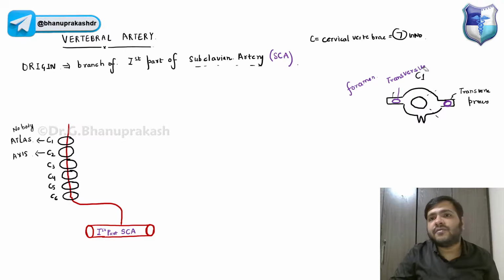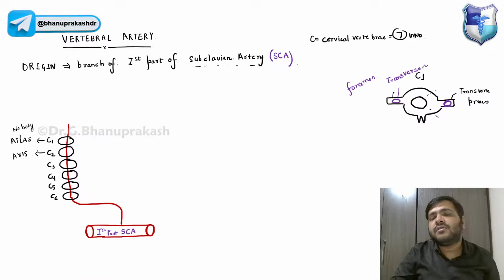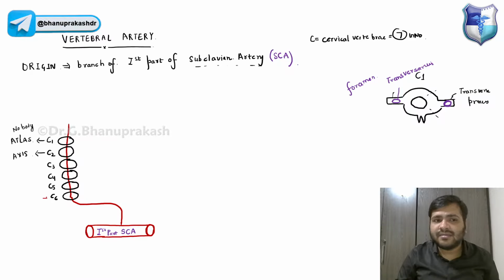Now guys, from this foramen transversalis, C6 will also have, C5 will also have, yes, foramen transversarium. From this foramen transversum, what will pass, guys?